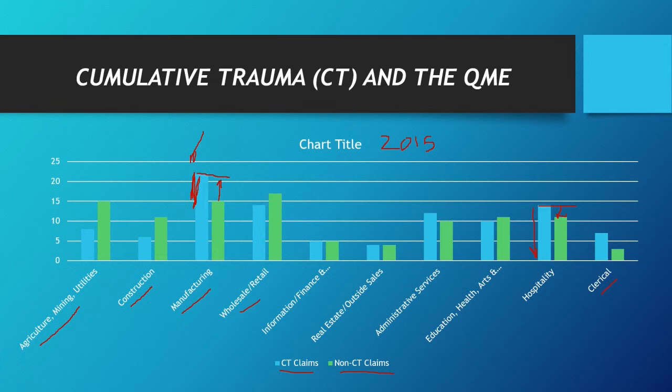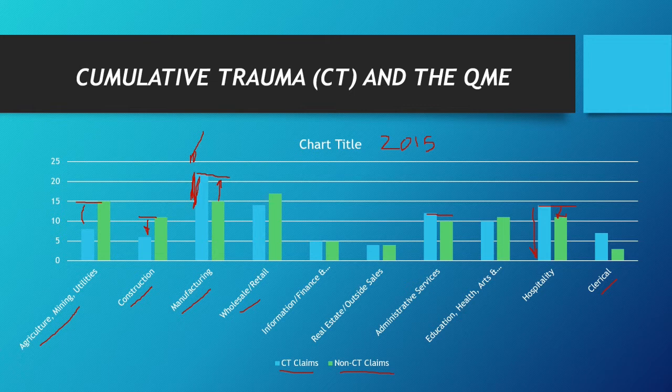Now, other sectors such as administrative services also exceed specific injury claims. Most of the others, we see that the specific injury claims exceed the cumulative trauma injury claims for most industries in the Los Angeles and San Diego counties.